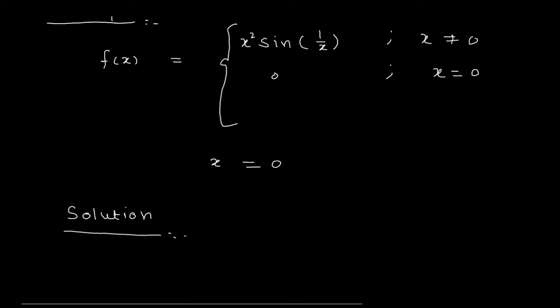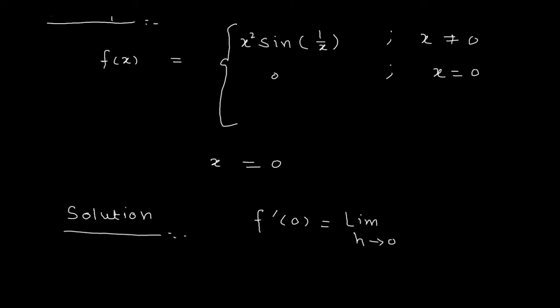Okay. First of all, we will find the left differential. The left differential will be found as f prime of 0 minus. F prime of 0 means, by definition, the limit as h approaches 0 of f of 0 minus h minus f of 0, because the value of f at 0 is 0, all divided by minus h.